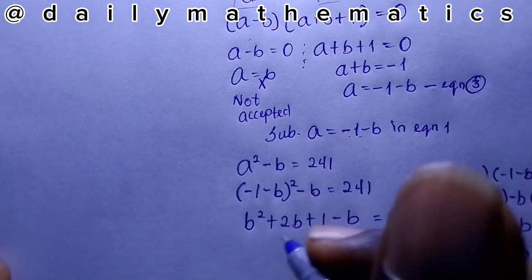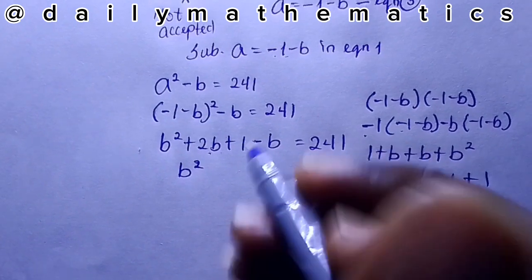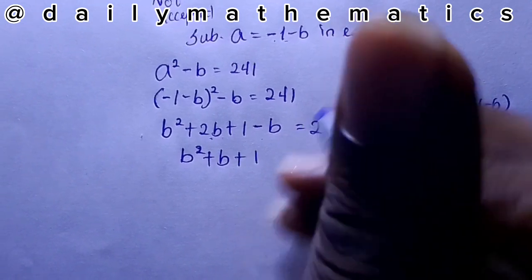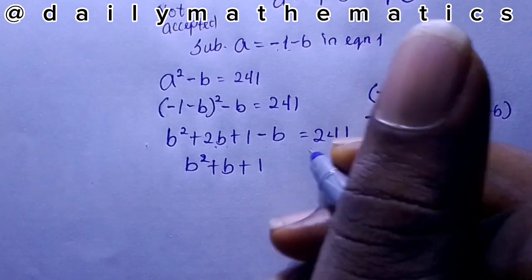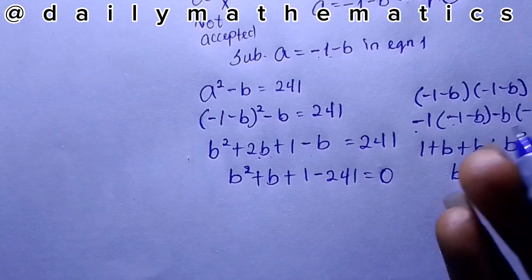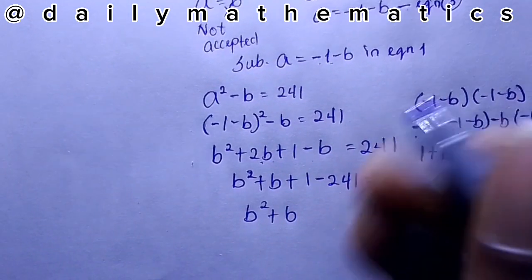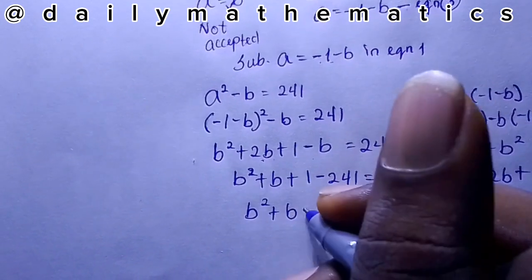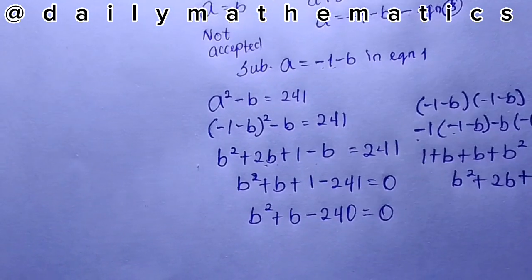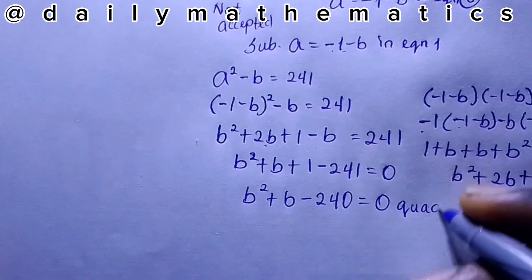So from here we have B squared, so plus 2B minus B gives us plus B plus 1, right? So with this 241, we can bring it here, it becomes minus 241 equals 0, right? So from here we have B squared plus B plus 1 minus 241, that gives us minus 240 equals 0, right? So from here, what do we have? We have a quadratic equation.